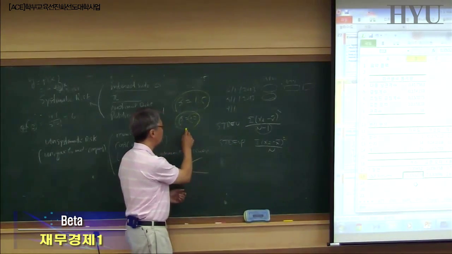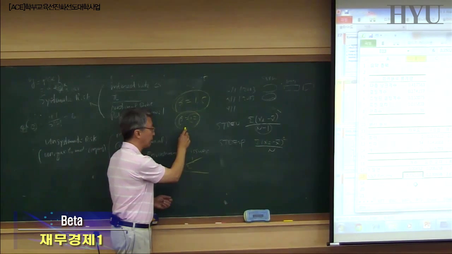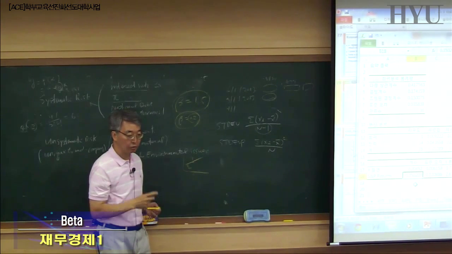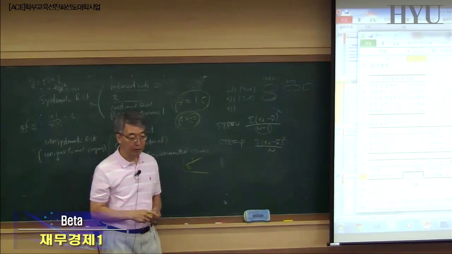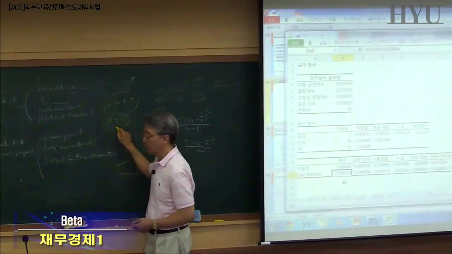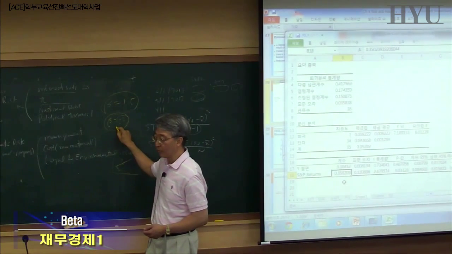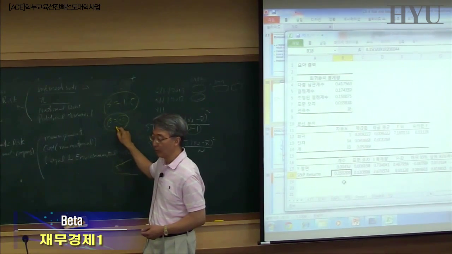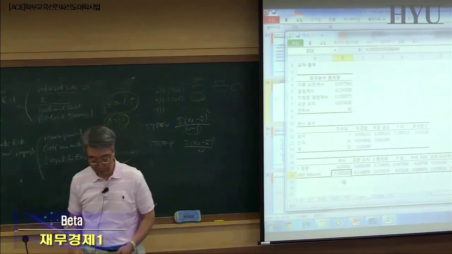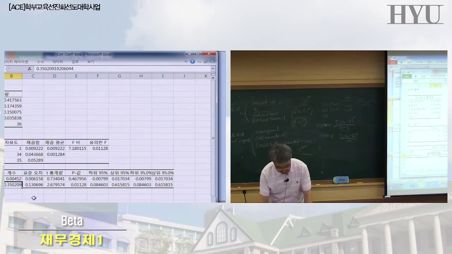So if the market return goes down by 1%, you can expect the return on that particular stock to go down by 2%. In other words, this is telling you that return on that particular stock is twice as volatile as the overall market return, the market portfolio. Okay?